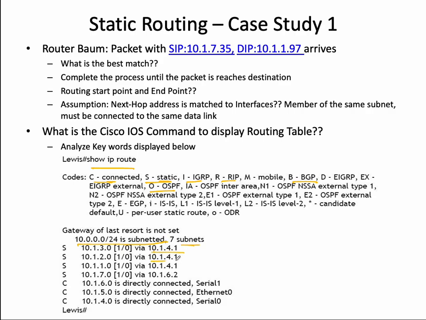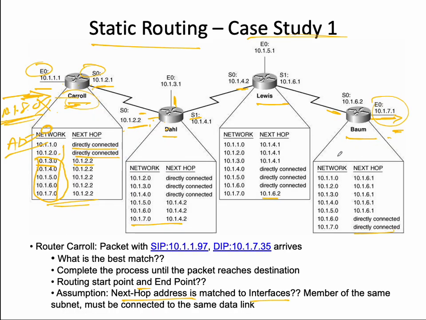10.1.4.1 wired. If you want to go to this network, it says go via 10.1.4.1, and we are looking into Levis. If you look at the previous example, this is the IP route table. I said if you want to reach 10.1.0, 10.1.2, 10.1.3, forward it via 10.1.4.1.